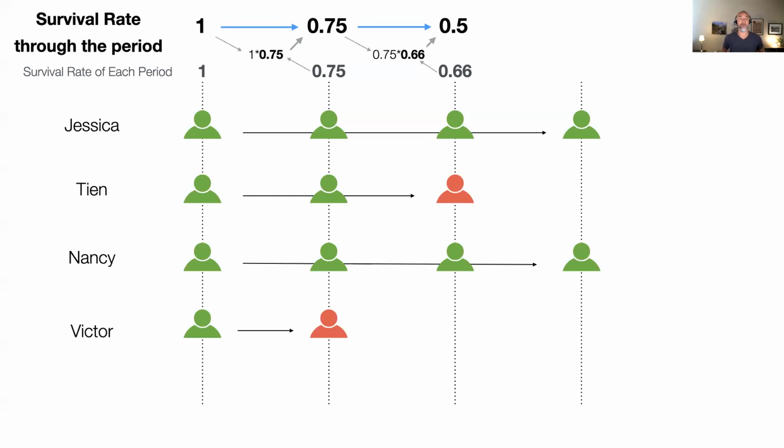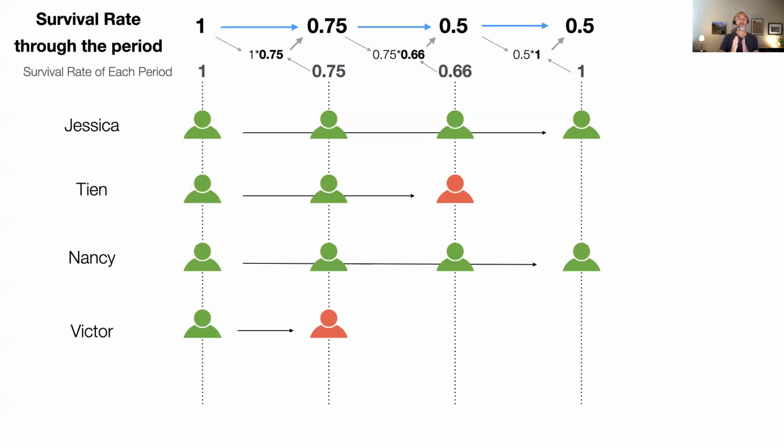That becomes 0.5, or 50%, the survival rate for customers to survive through the end of 3 months. And the same thing for the last period. Now the survival rate through the period becomes 1, 0.75, 0.5, and 0.5.